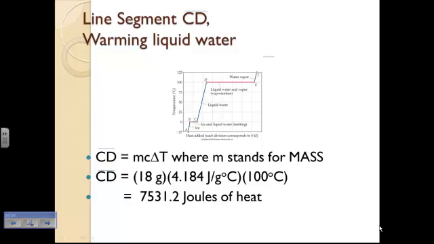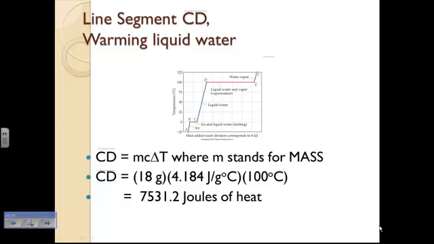18, the m for the mass, times the specific heat for liquid water, grab that from that first bullet of information, 4.18, or if I include that third decimal, 4.184 joules per gram degree Celsius. Moving from point C to point D takes me from 0 to 100 degrees. That is a change of 100 degrees Celsius.